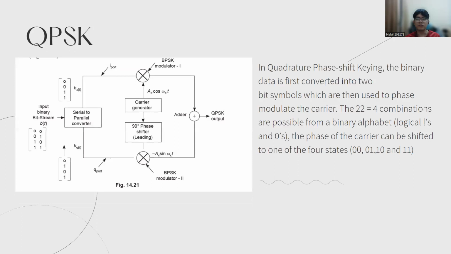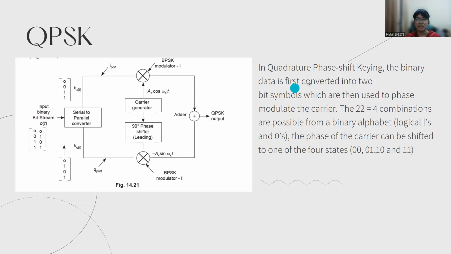So apart from BPSK, there is also QPSK, which is quadrature phase shift keying. For BPSK, the symbol is one bit, but for QPSK, the symbol is 2 bits.